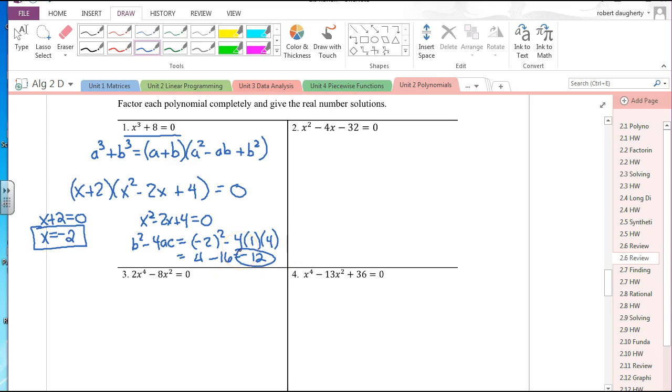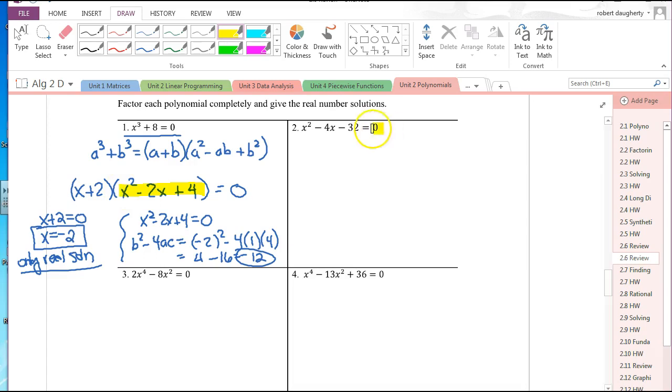The discriminant is negative. Those roots will be complex. So this is the only real solution. If you had been asked to find all solutions, you would need to use the quadratic formula here for this part, and you're going to get 2 complex roots here. Okay. Let's look at the next one that I see.